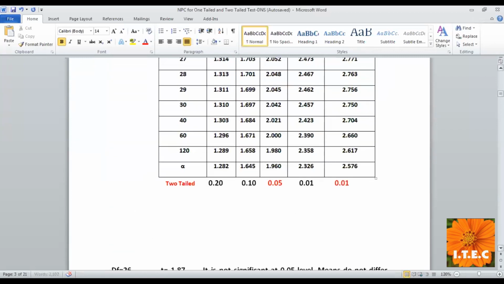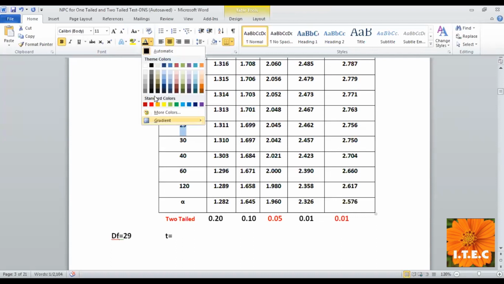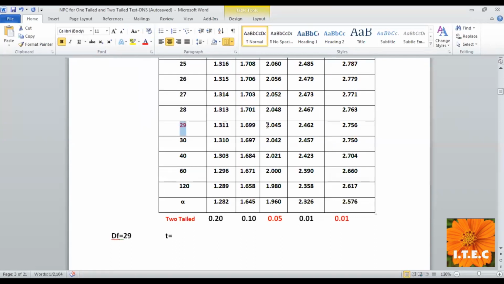Suppose my DF is equal to 29. This is 29. And my t value is equal to 2.045 at 0.05 level and 2.76 at 0.01 level.